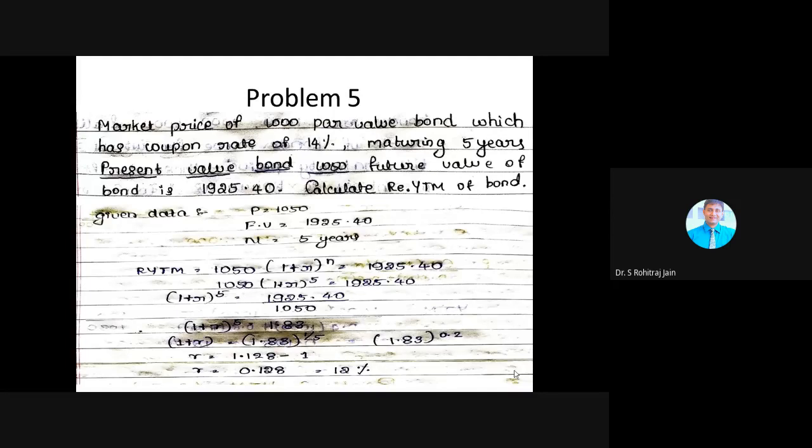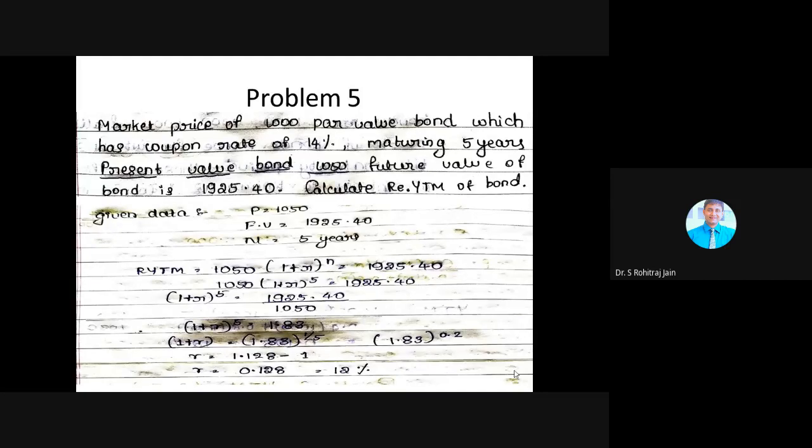I'll explain once again. I need to calculate the value of R. So (1 plus R) to the power of 5 is equal to 1925.40 divided by 1050.